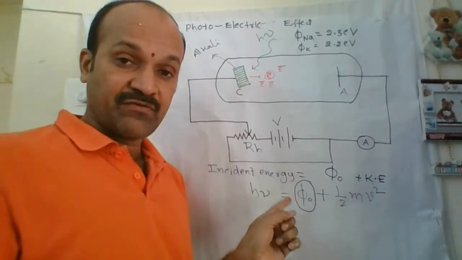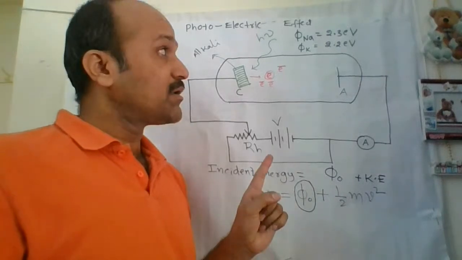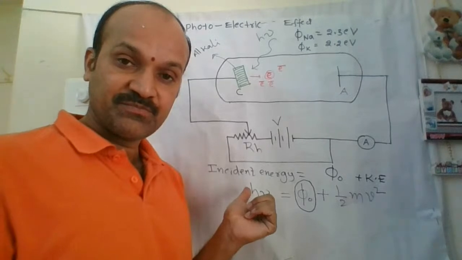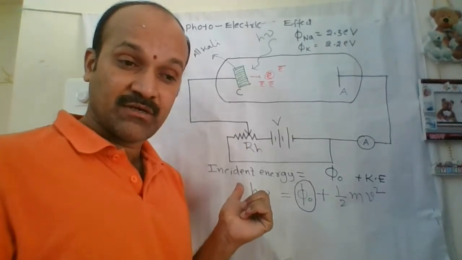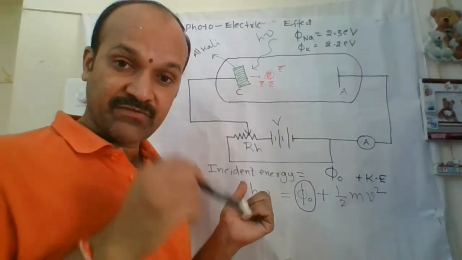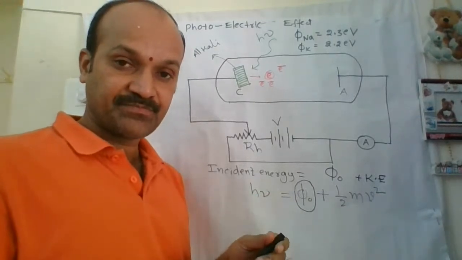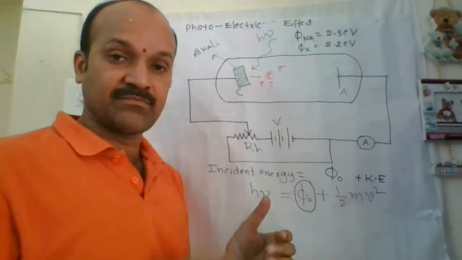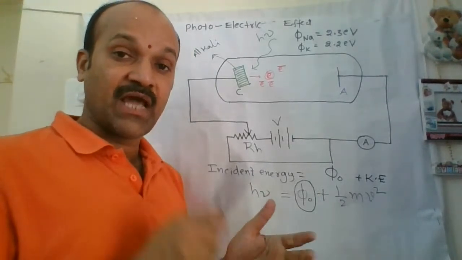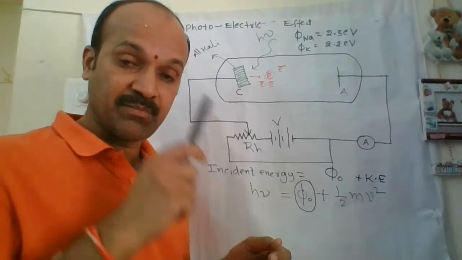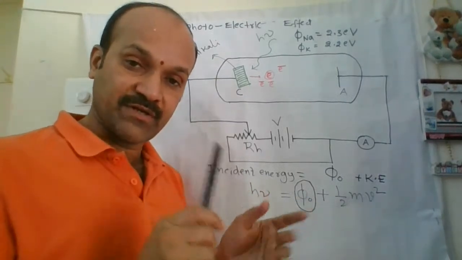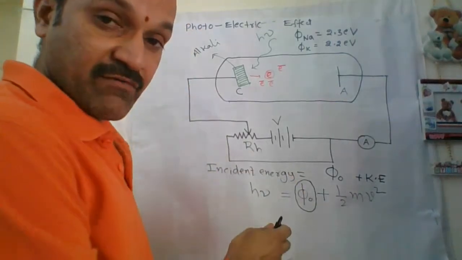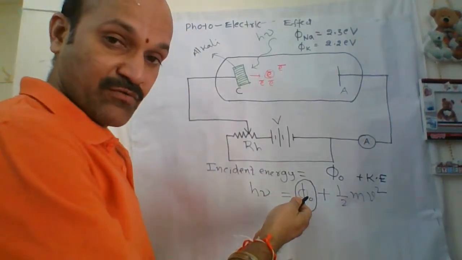So this work function depends on the metal, not on the incident frequency, and not on the intensity of the incident radiation. Clear? The work function depends on the metal. It is a characteristic property of the metal. If the metal varies, the work function varies. Right? So let us see the equation also for some value of phi naught.